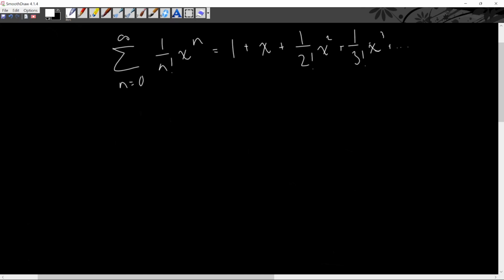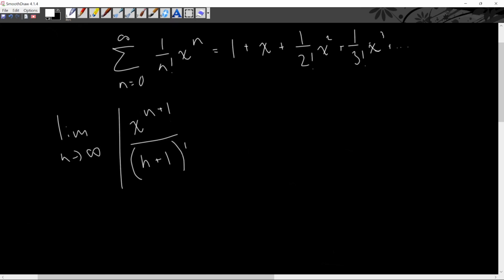And now we just say, well, let's do x to the n. We'll do the limit as n approaches infinity of x to the n plus 1 over n plus 1 factorial, right?